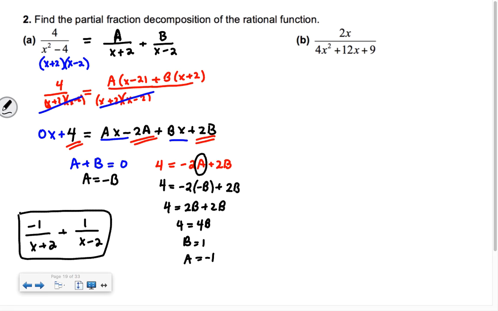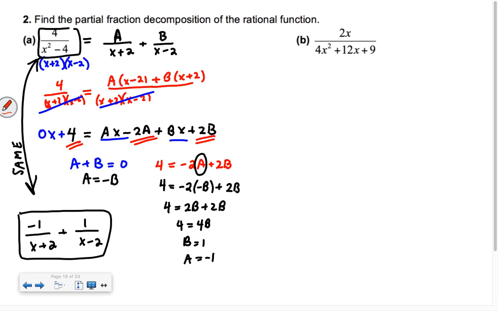So this right here that I have in the box is equivalent to this. These are the same thing. I know they don't look the same, but they are. And would we know how to integrate something that looks like 1 over x minus 2? Yeah, it involves the natural log. We know how to integrate that. We've done that. All right, so let's try the next one.